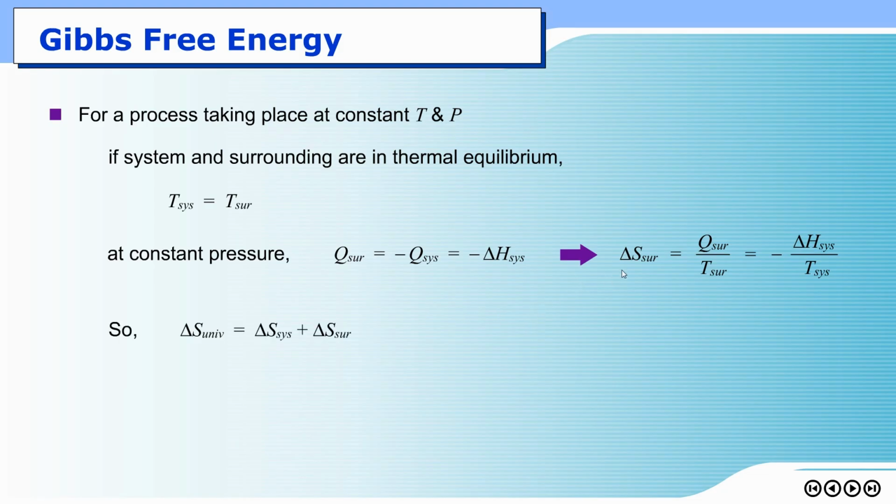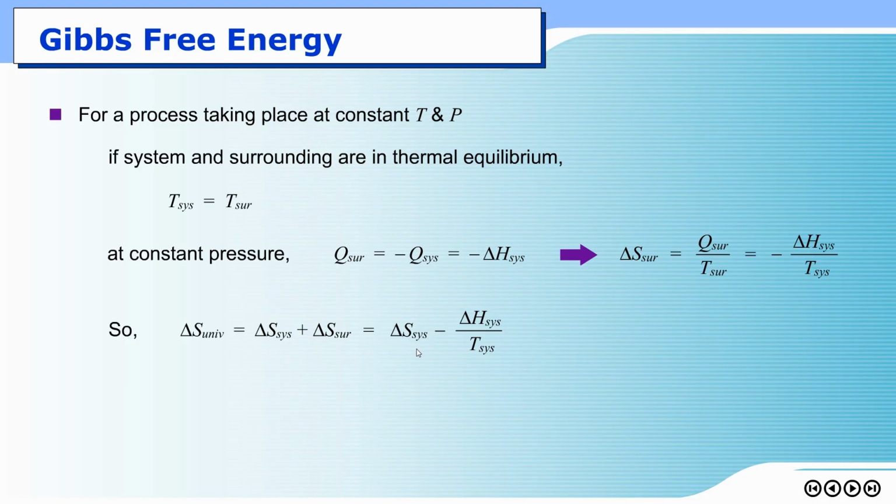Now once we define the change in entropy of the surroundings, we can combine it with the change in entropy of the system to get delta S of the universe, because in order to use the second law of thermodynamics, we need to consider delta S of the universe. So bring it here to replace it here.